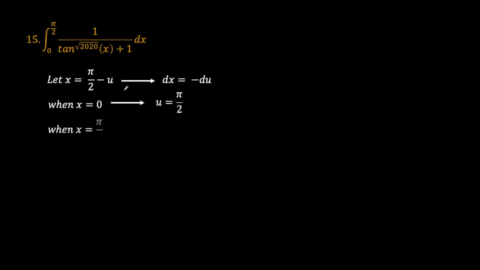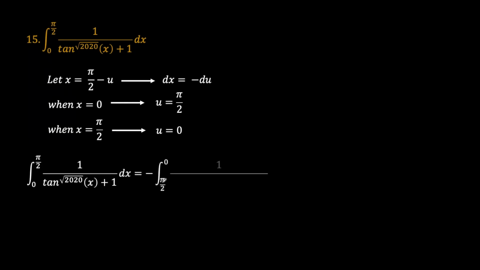And when x equals pi over 2, that means that u is 0. So when we substitute everything here, we get the negative integral from u equals pi over 2 to 0 of 1 over (tangent to the power root 2020 of (pi over 2 minus u), plus 1).